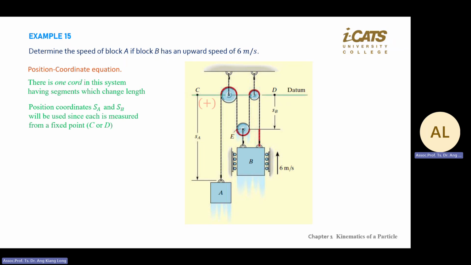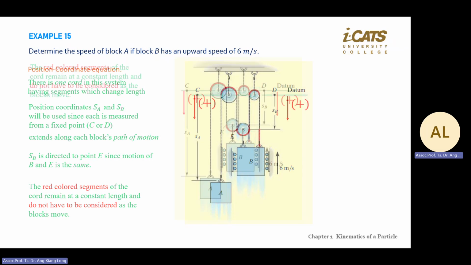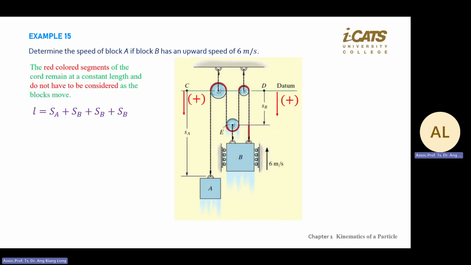First, always we write the total length. Datum, I skipped already. Check the datum. First step, write the total length. How do you get the total length of the rope? This one is fixed already, so you get SB plus SB plus SB plus SA.